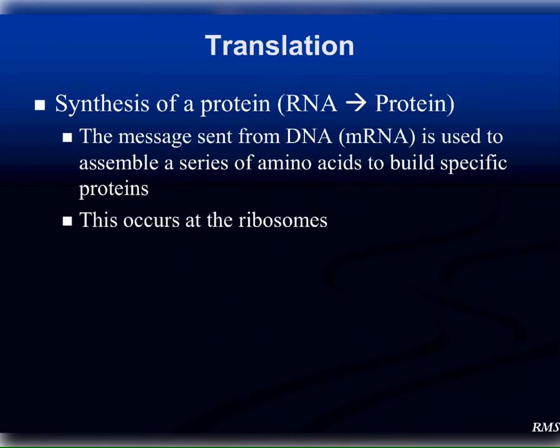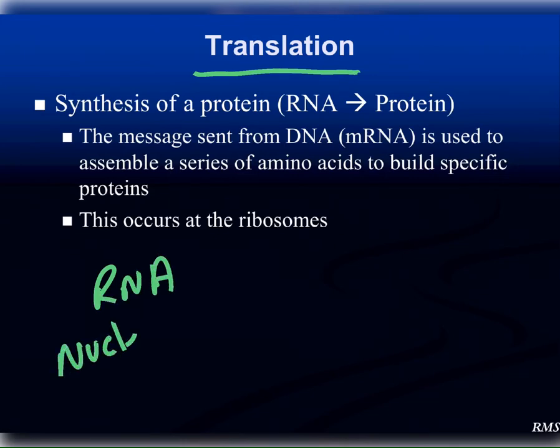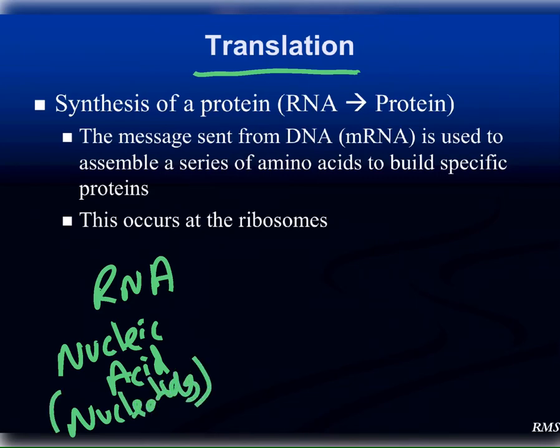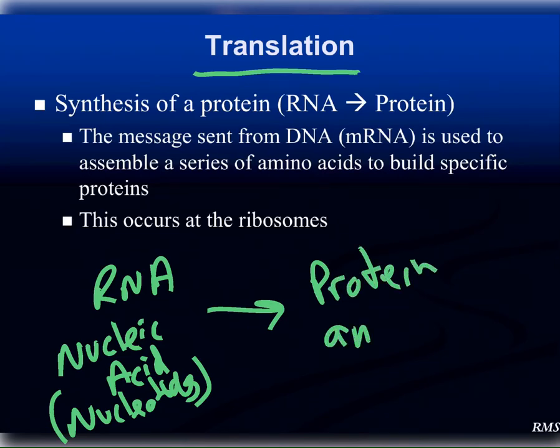Now think about that for a second. Why do they call this translation? We go from RNA, a nucleic acid, built out of nucleotides, to a protein, built out of amino acids.